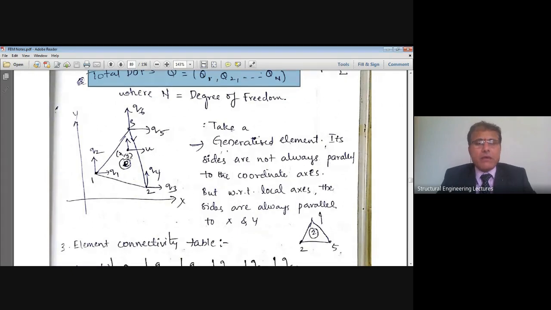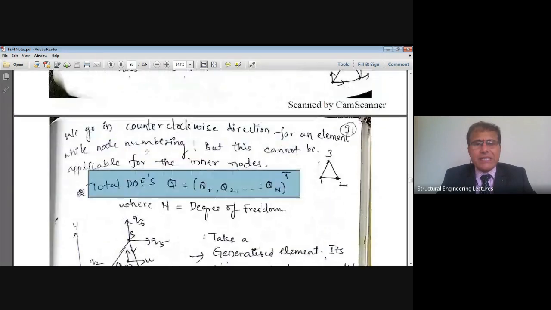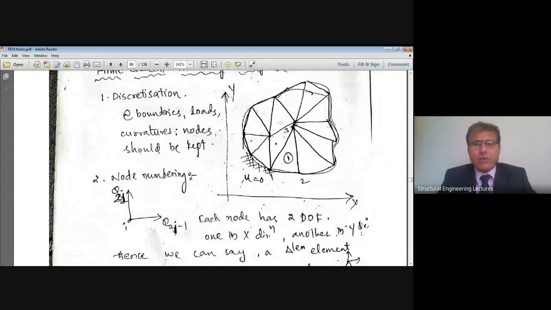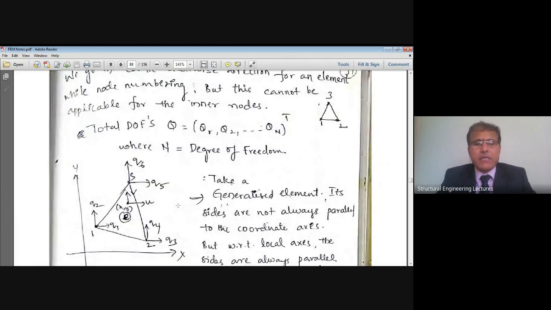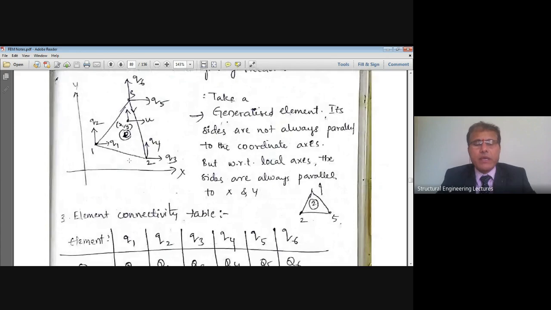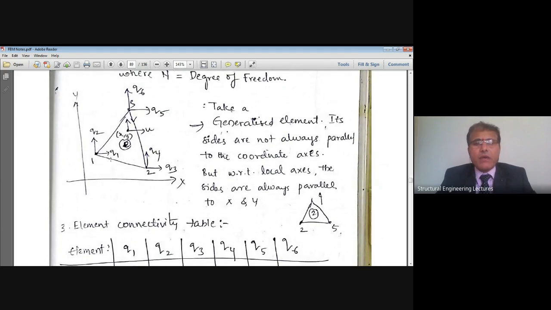Now I'll consider one element out of these many elements, for which I'll propose the finite element formulations. This is called the generalized element, right? I'm showing one element along with the node numbers 1, 2, 3, which are given in counterclockwise direction.